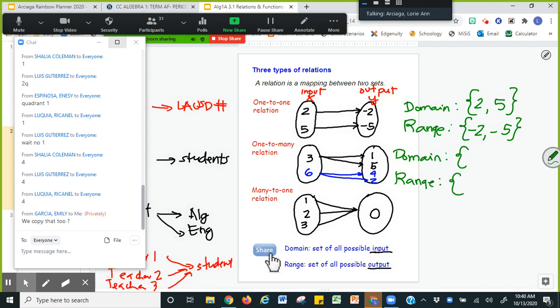Okay. Anybody? I think it's faster if you unmute yourself, right? And just tell me what the numbers are for the domain of the one to many.